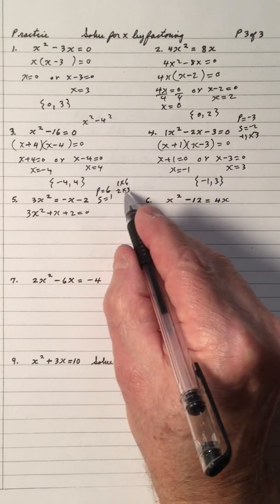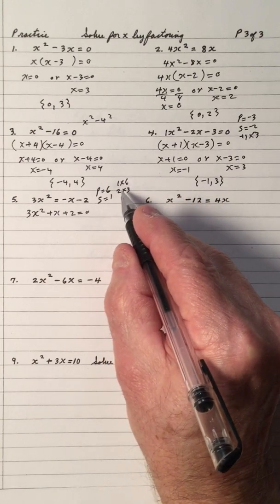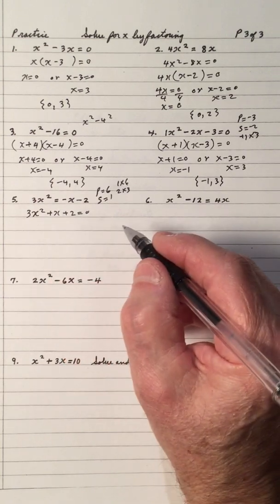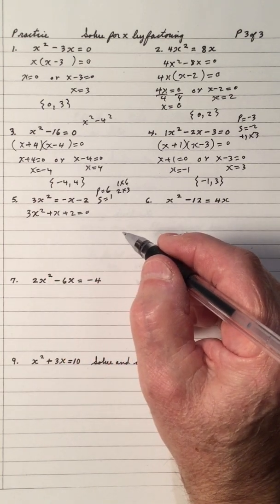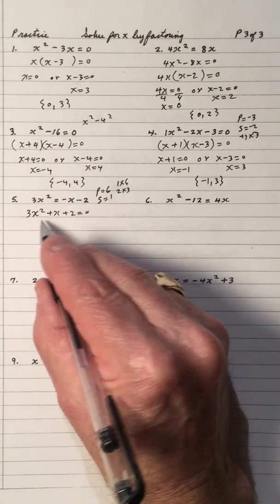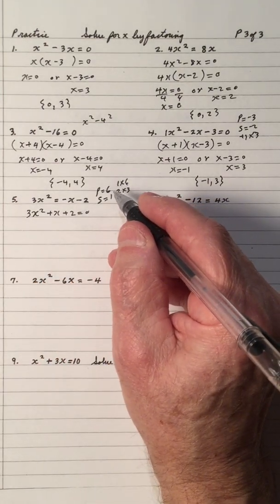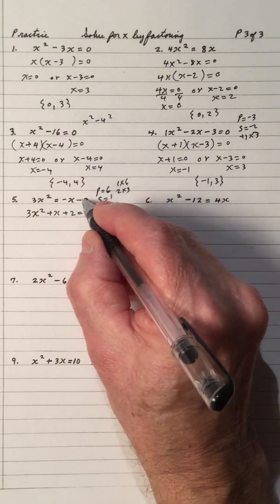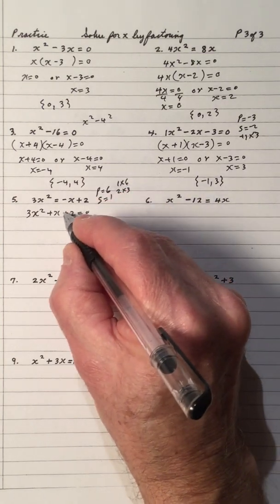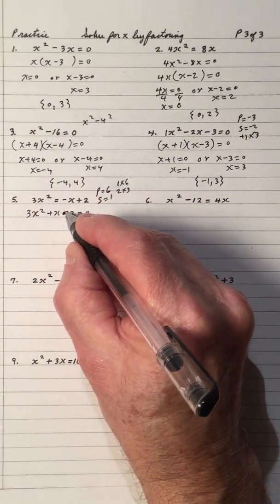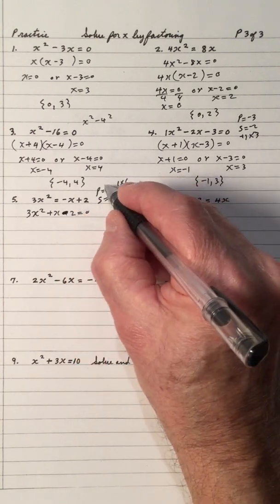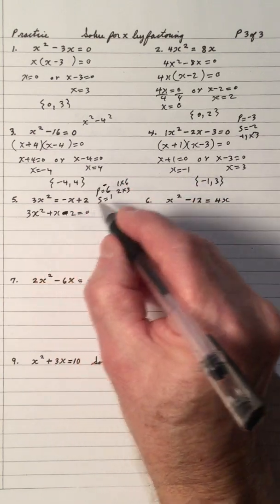But what factors of 6 will give you a 1? This can't work out. So what happens is I have to have a plus here to make this a minus. So the product is negative 6, 3 times negative 2.